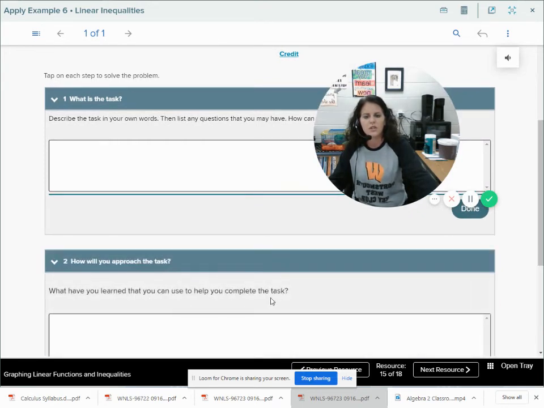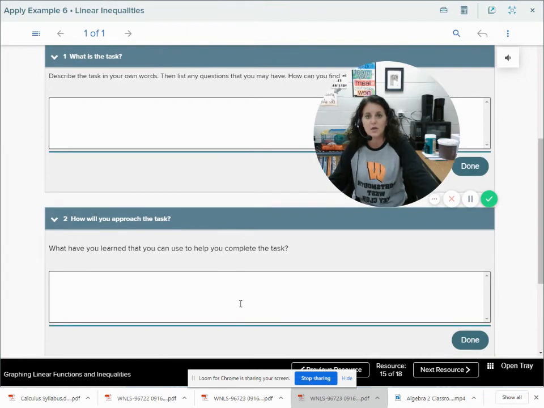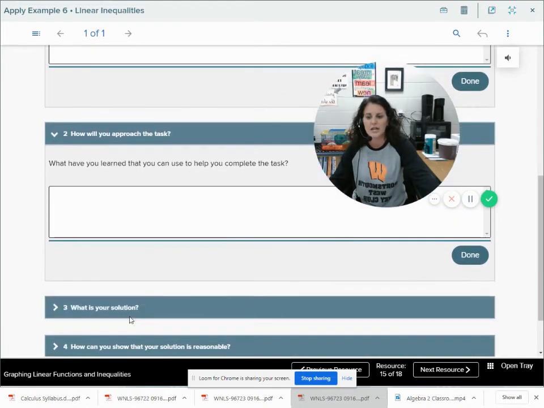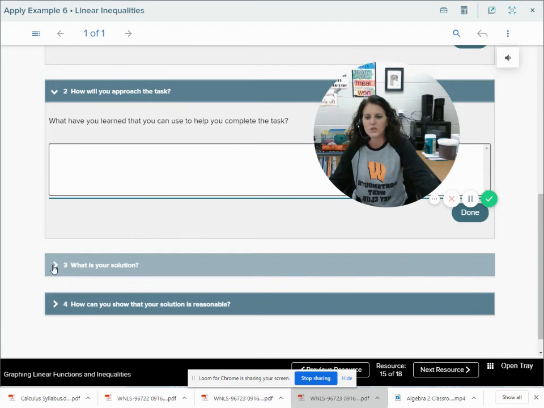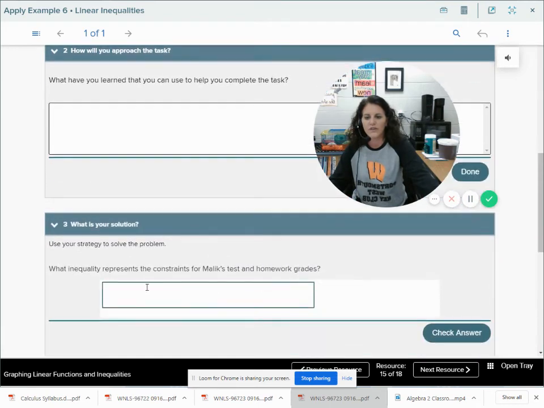All right, so how are we going to approach the task? What have you learned that you can use to help you complete the task? Well, once you have that inequality, we've learned how to graph it. We've learned how to choose a test point and how to determine which side to shade. And so what is your solution? Once you solve it, what inequality is going to represent the constraints for Malik's test and homework grades?